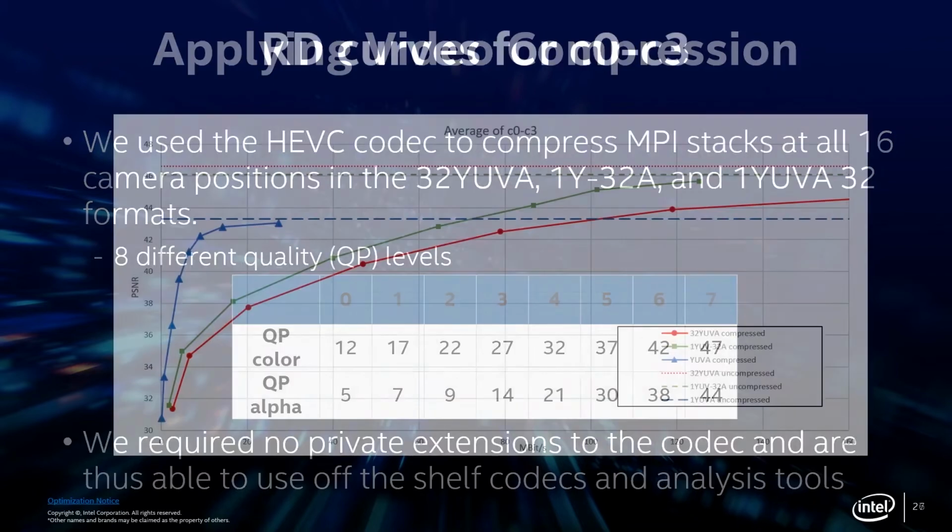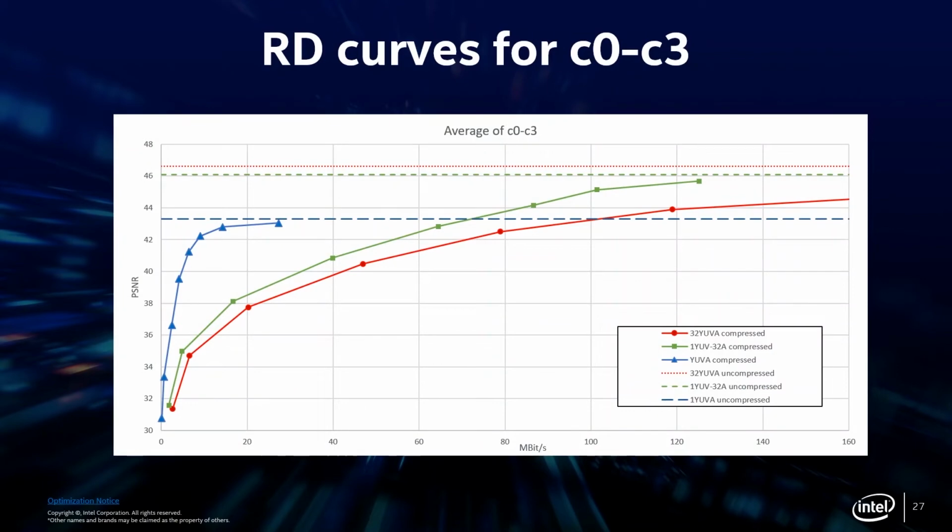So let's look at some curves here. All right, we've got a lot going on here. If you're not familiar with rate distortion curves, let's walk through this. We're showing 3 different results. The red line with the circles is the results for the 32 YUV alpha format. The green line with the square dots is the results for the 1 YUV 32 alpha version of the MPI stacks.